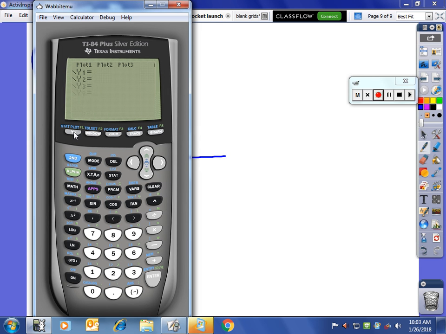An Olympic diver is diving off of a high dive, and his equation can be modeled by this: negative 3x squared plus 6x plus 24. Where is this diver starting? He's starting 24 feet above the surface of the water. How do I know that? The y-intercept. He's starting at a height of 24.